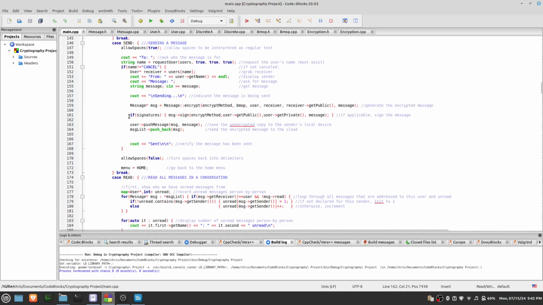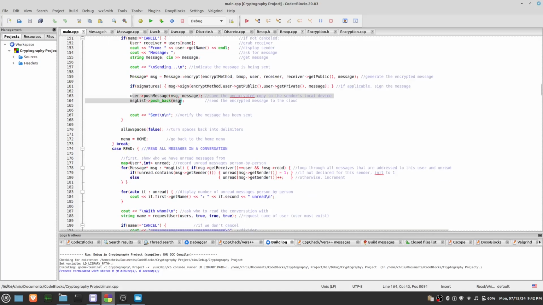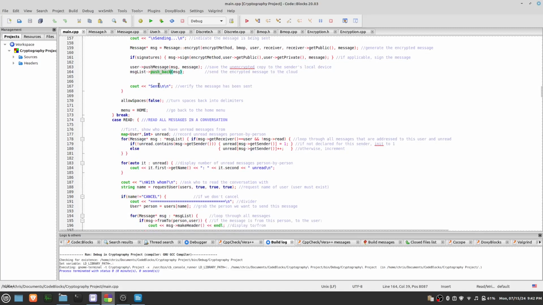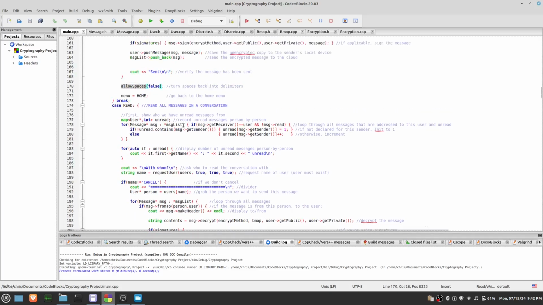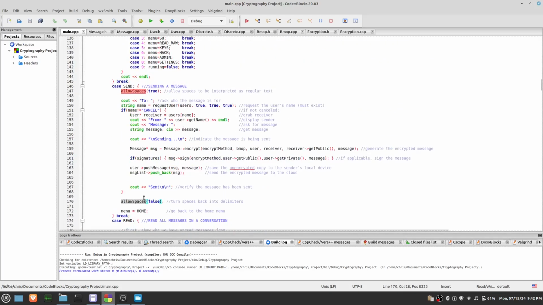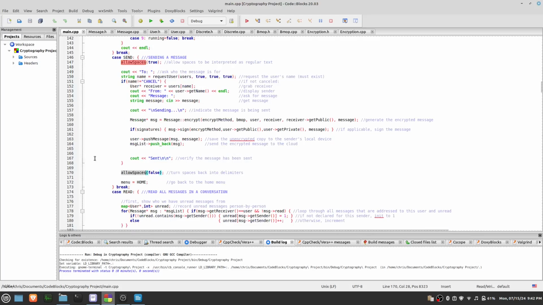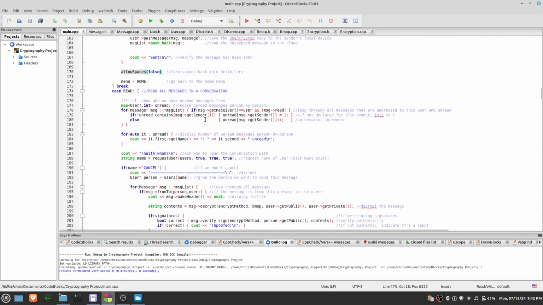If there's signatures, we also give it a signature. We save the original, unencrypted messages to the user's device, and then we add the encrypted message to the public network, and then it's been sent. And then after that, we make space a delimiter again.